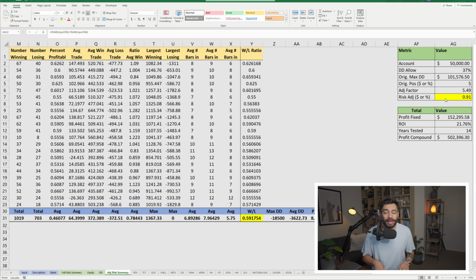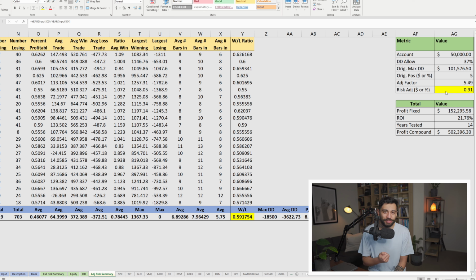So if you were to go out and trade this particular trading strategy with 22 different pairs or different assets, we would need to lower our risk to about 1% instead of 5%, because if we were over risking, risking 5%, we will eventually blow up our account and we will see that 200% drawdown. And that is why you cannot just simply add on more pairs and trade all of the pairs without adjusting your risk. You do need to adjust your risk. Money management is very, very important.